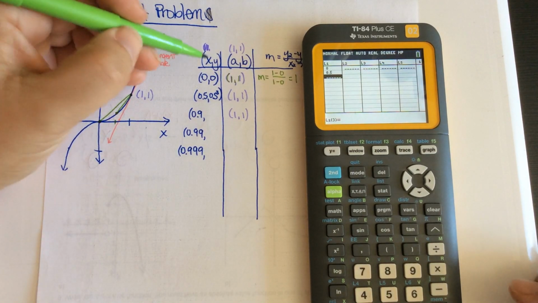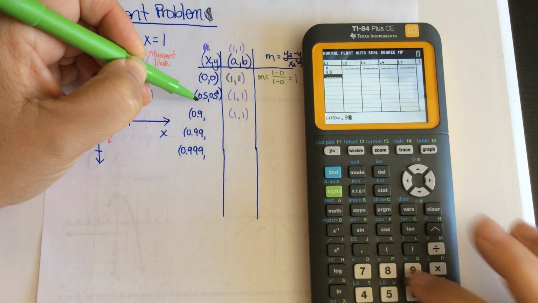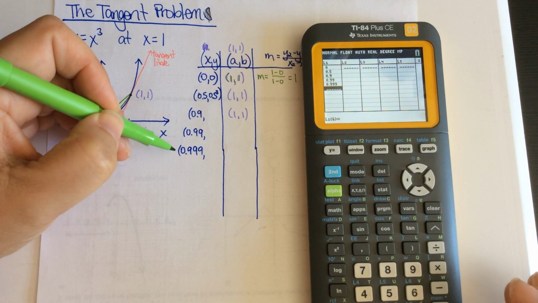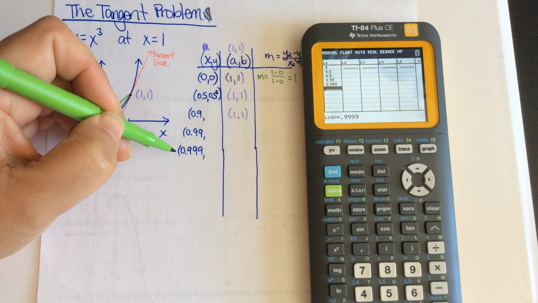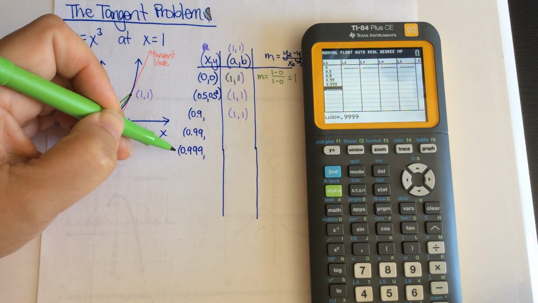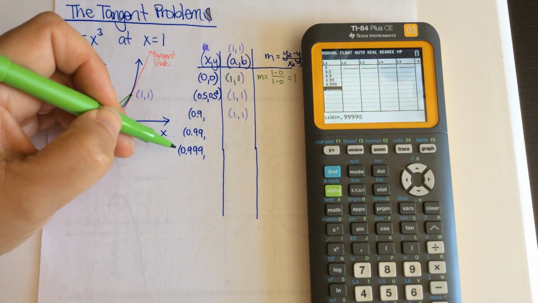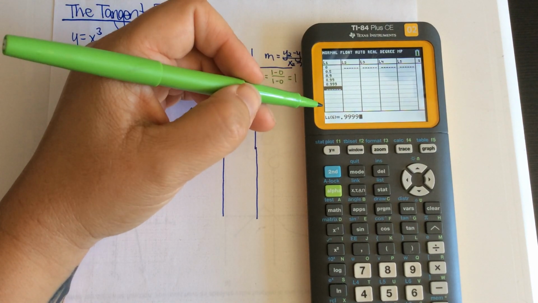All right, I'm going to type in these x values: 0, 0.5, 0.9, 0.99, 0.999. I honestly don't know how far I need to go, so I would rather go further than I need than not go far enough, because once I start typing into these other columns, I can't add anything here later.